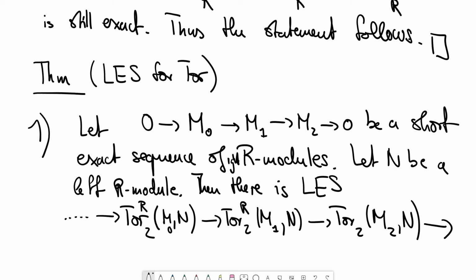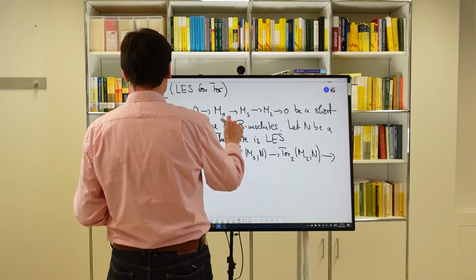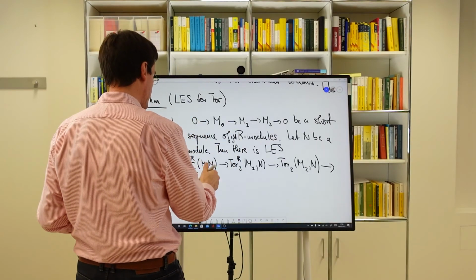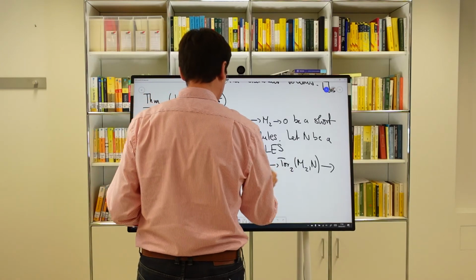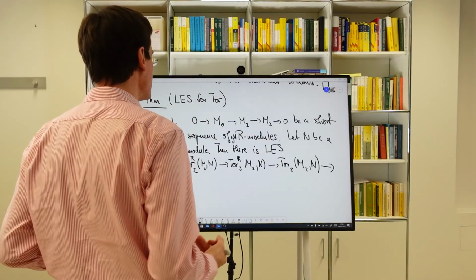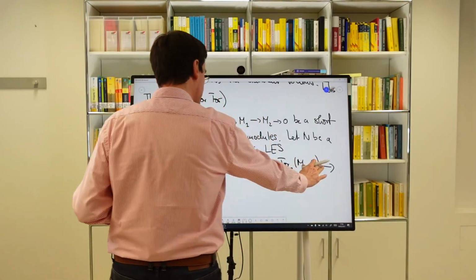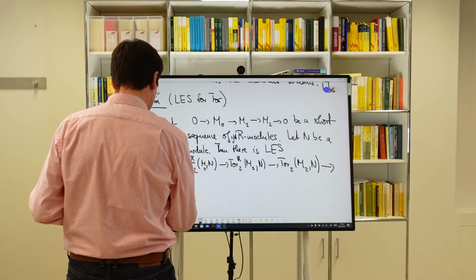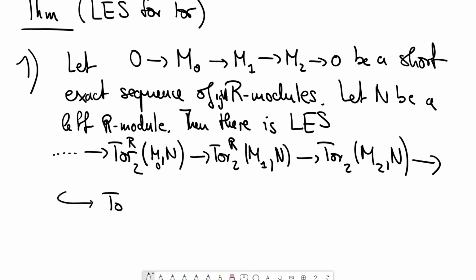Then there is a boundary map here. So let me bring this up. The first terms that you see here, they are induced by the maps from M0 to M1 and from M1 to M2. Then there is a boundary map that brings us to Tor 1.